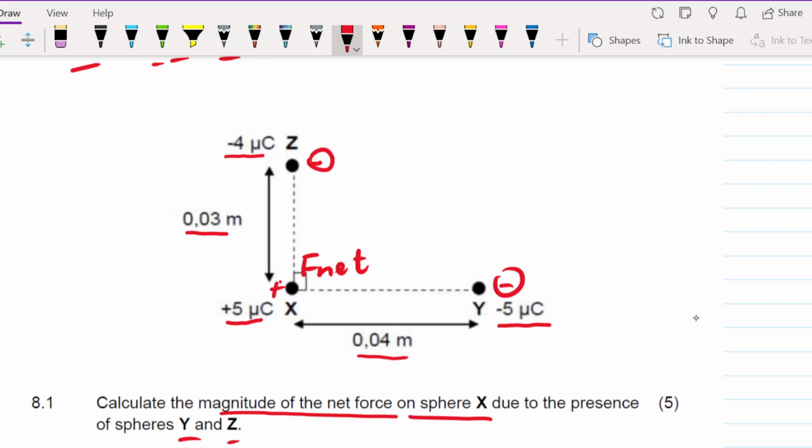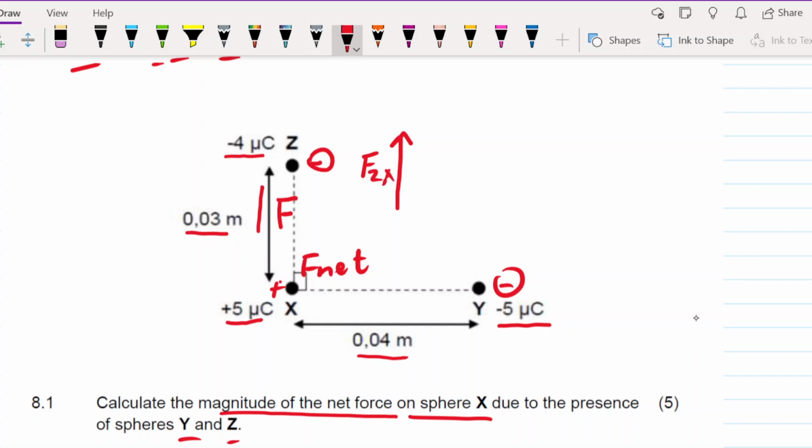We have this charge Z and X, and there will be a force between them. Z is negative and X is positive, so obviously there will be a force of attraction, where Z will attract X in this direction. So this is the force of Z on X.